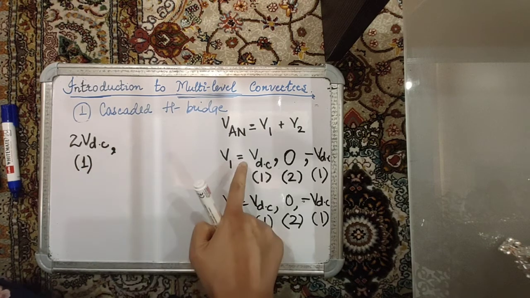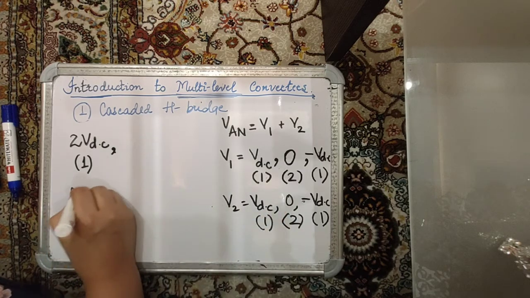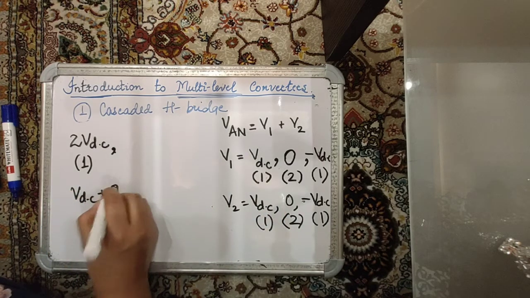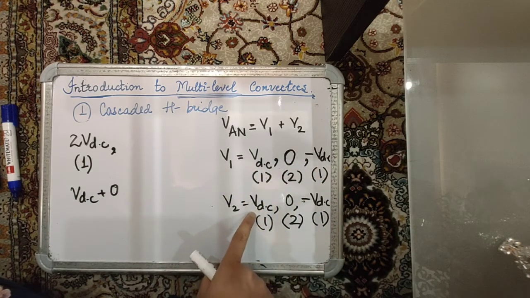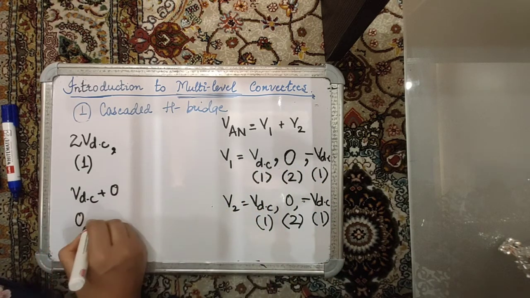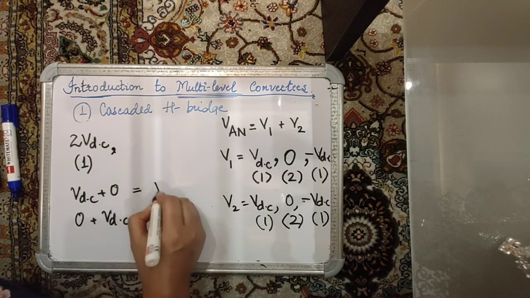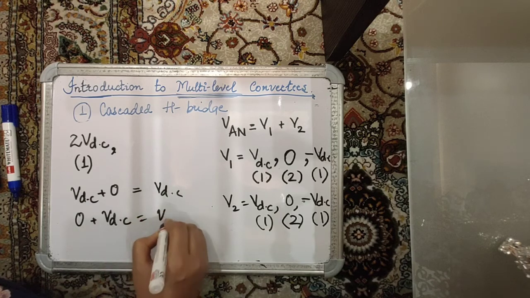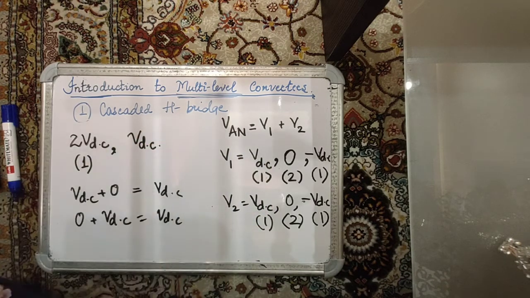Or this VDC may add up with this 0, right? So I can have VDC plus 0, or I can have this 0 adding up to this VDC. So 0 plus VDC. In either case, the result is simply VDC. That means VAN can also be VDC, right?